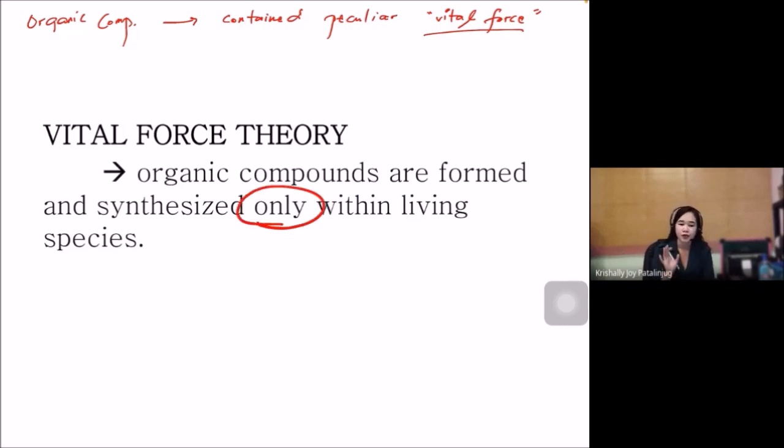So that is the simplest explanation of the chemists before: if it is organic, it strictly comes only from living species. What are living species? We, humans, plants, animals, so anything with life. Organic compounds only come from there.